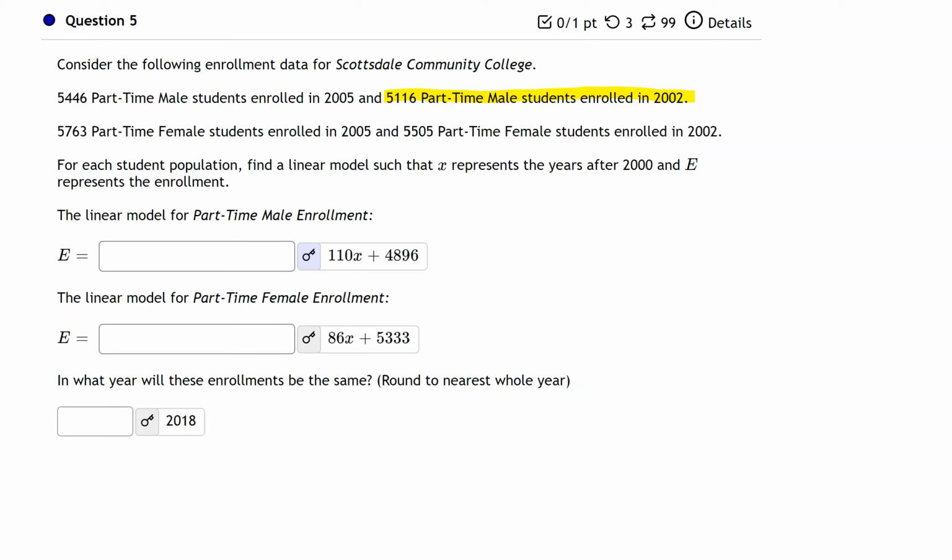So we have two equations that we created. The first one is E equals 110x plus 4,896. And the second equation is E equals 86x plus 5,333. Now, it's perfectly lined up so that if I subtract these two equations and I use the elimination method, E minus E is 0.